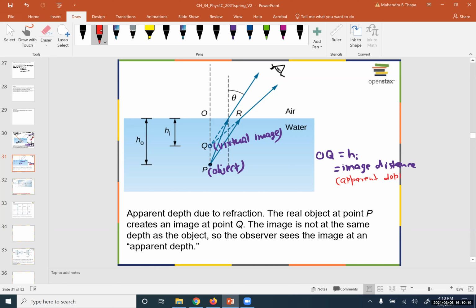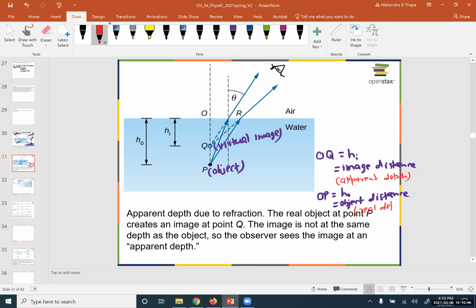If we put a coin at point P, it appears at Q. And you see OP is S naught, we call it the object distance. We also call it the real depth.